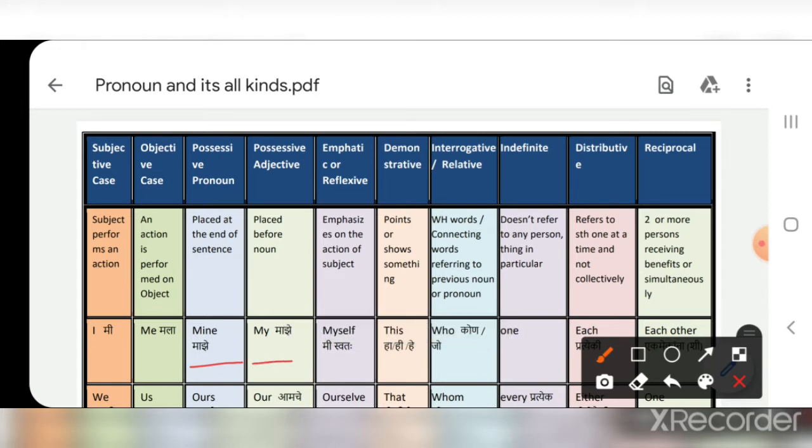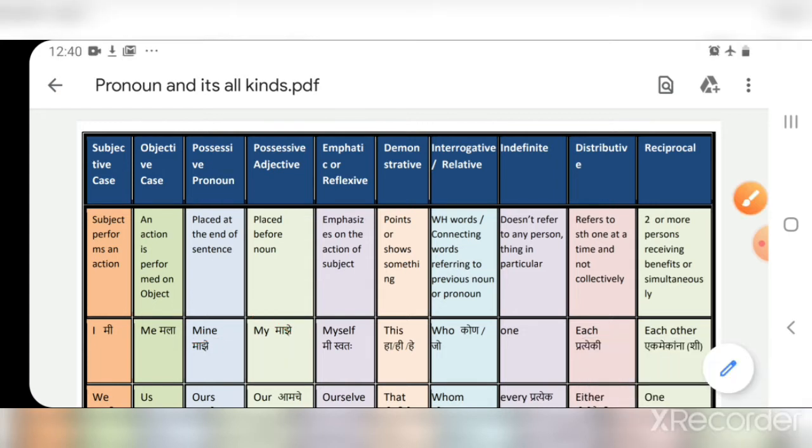If I want to use my, then I'll say this is my book, because book is a noun and my is an adjective in this sentence. So mine is a possessive pronoun.